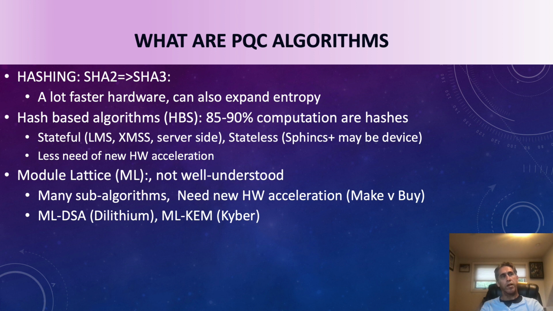The second category is hash-based algorithms, which I talked about in my previous video and will talk about in this video as well. Here, somewhere around 85 to 90% of computations are hash functions, so it's very efficient if you have acceleration for your hash functions.